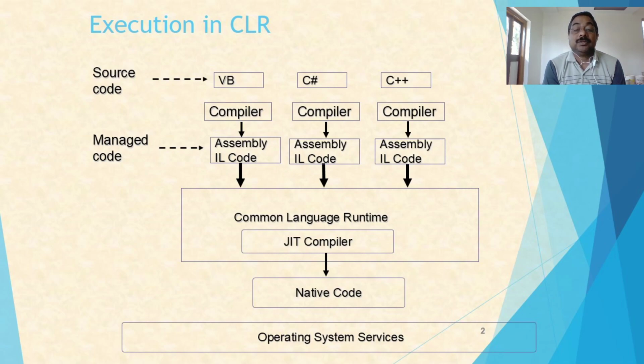After compilation by the JIT, the native code is produced, and this native code is again provided to the operating system services. So the whole process from the source code to operating system services is shown in this figure.